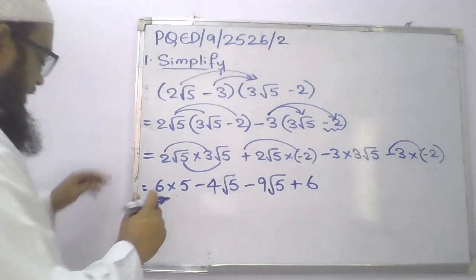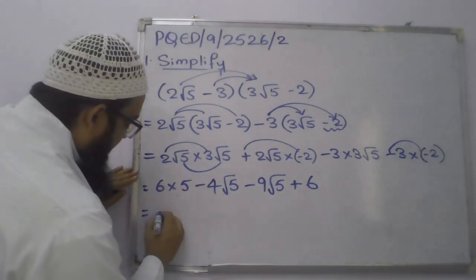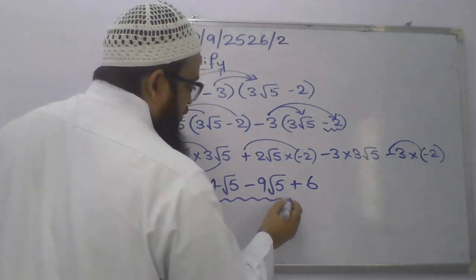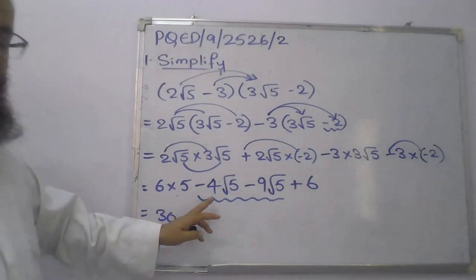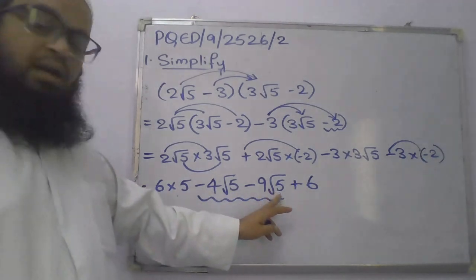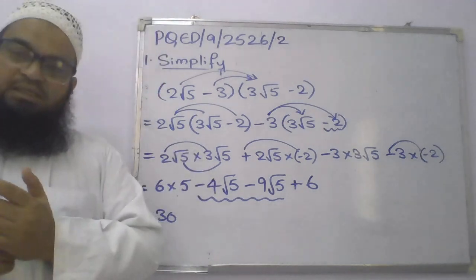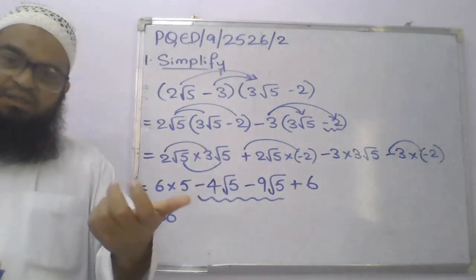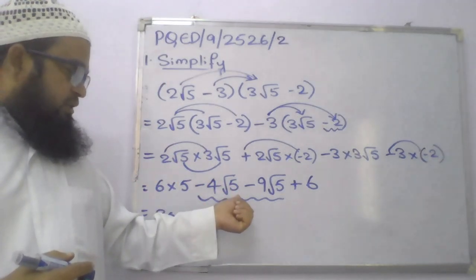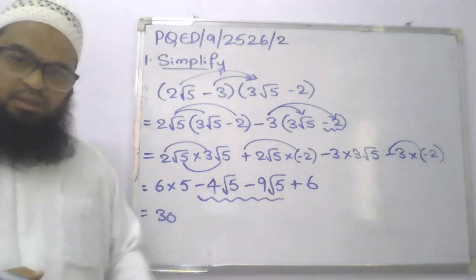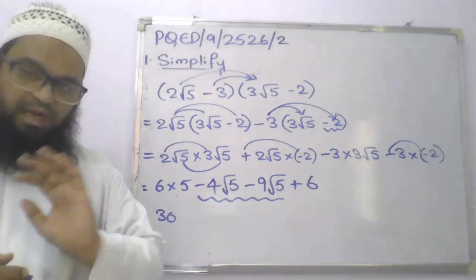Okay, so now let us go. 6 fives are 30. See, here you can see both are like terms. That means 4 root 5 and 9 root 5. See, root 5, if you don't understand, take it as anything, birds: minus 4 birds minus 9 birds. So 4 birds and 9 birds, are they like terms?